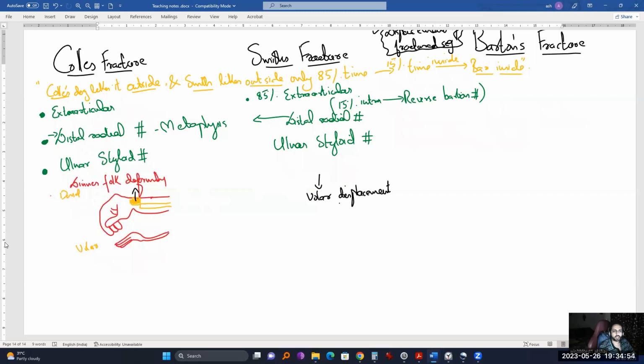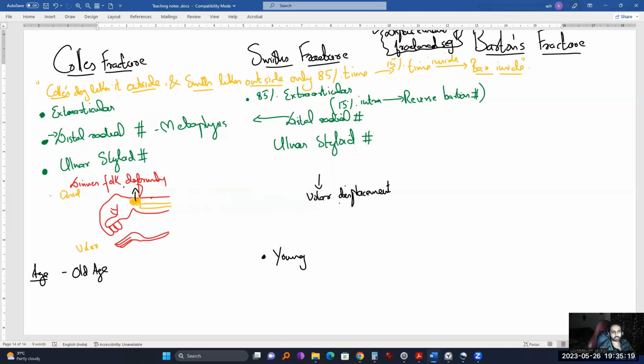Okay, and the other difference is related to which age group it is seen in. Colles fracture, the age group is old age, whereas Smith's fracture is seen in the young age group.